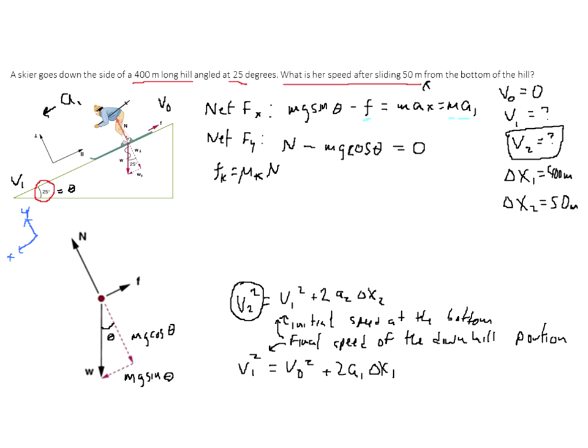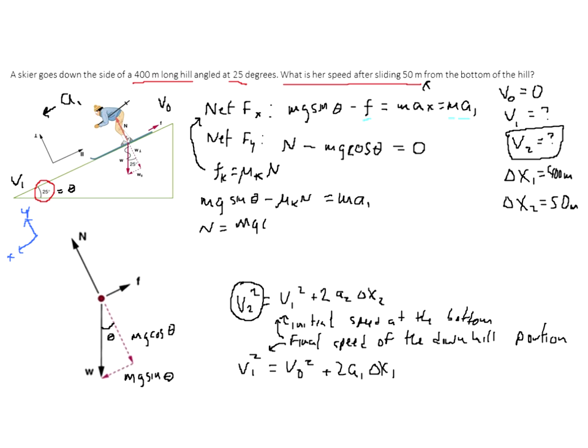So we can move this into this equation: mg sine theta minus mu sub k n equals m a1. But notice here that n is related to f sub k, but it's also related to m times g times the cosine of theta from this.